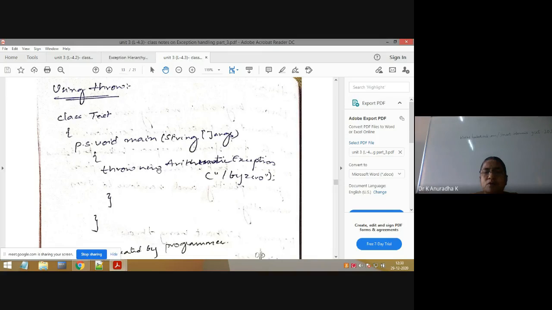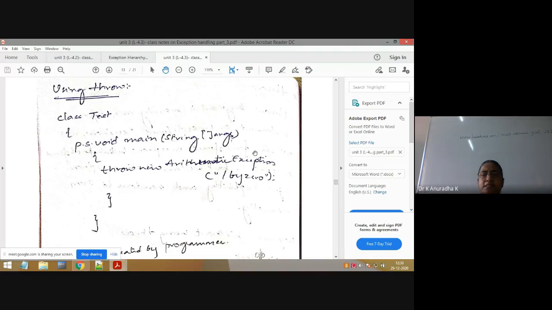So new ArithmeticException, and then parentheses. Inside the parentheses I have written the description of the exception. If the description is not there, then simply write empty parentheses, because for some exceptions descriptions are not there. Only for some exceptions are descriptions there, so the description is optional. For ArithmeticException the description is there, that is / by zero.